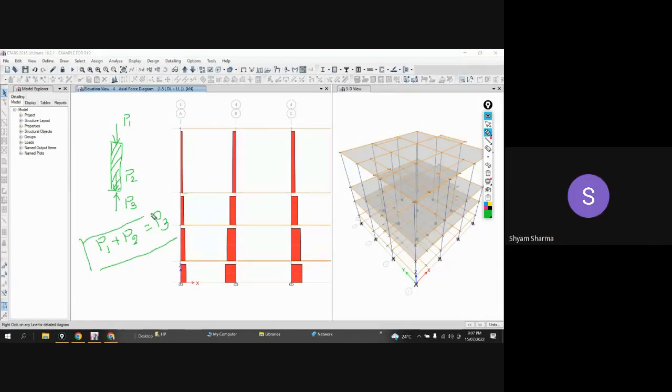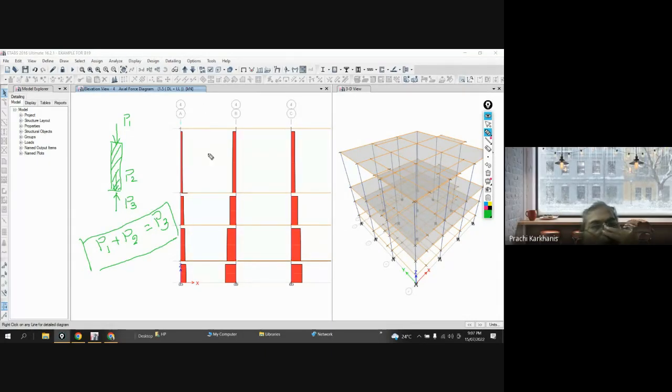Yes, sir. But for that you have to go to the dead load case, self weight. Otherwise there will be a lot of other forces coming, then 1.5 and all that. You will see that you are not getting that correctly. But that doesn't mean that there is no equilibrium. Actually, if you want to see the equilibrium, you can check it here, because you just have to add self weight.